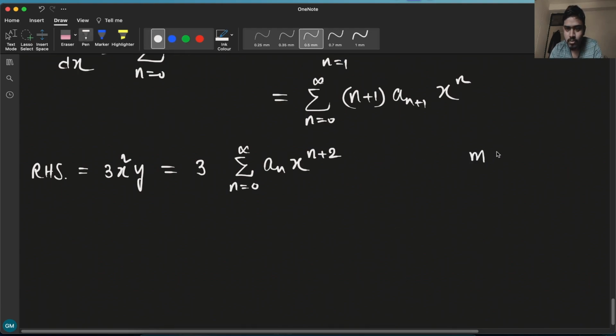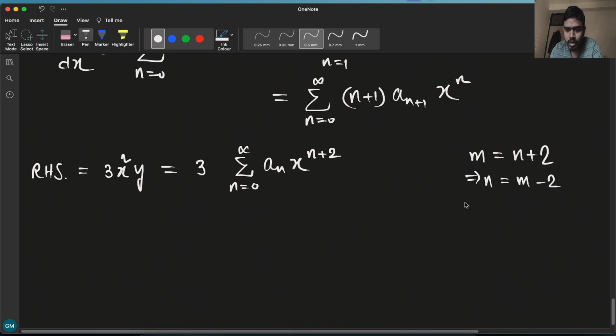We will assume m equals n plus 2 here. This implies n equals m minus 2.